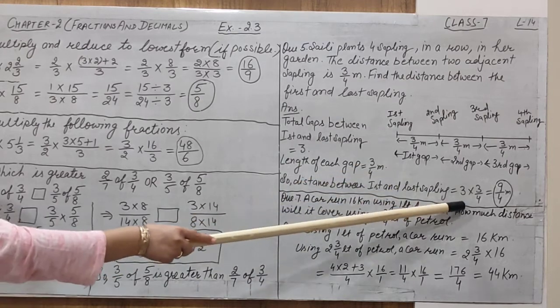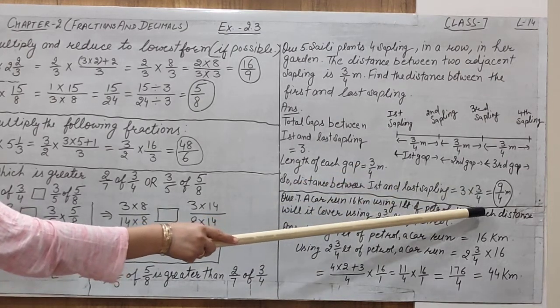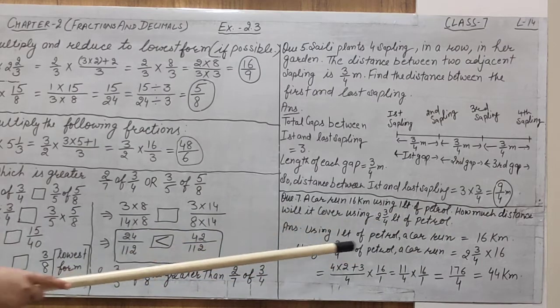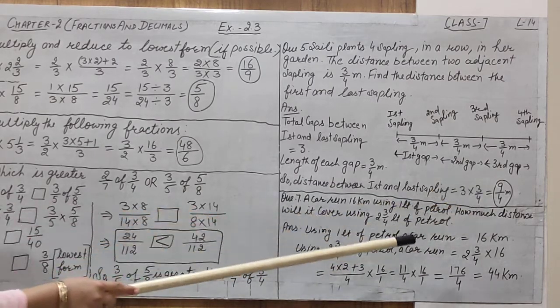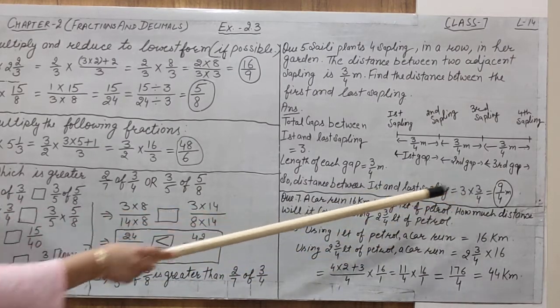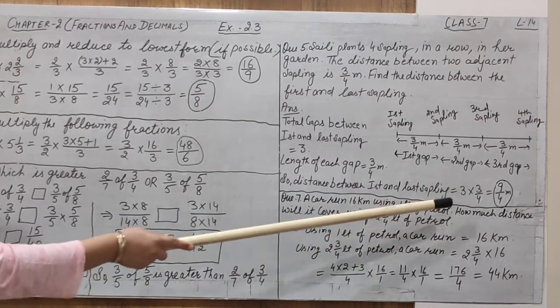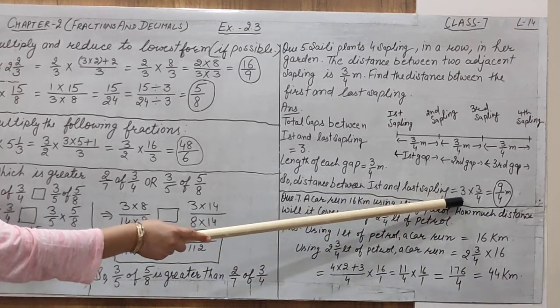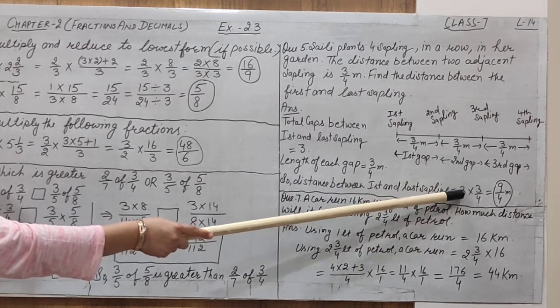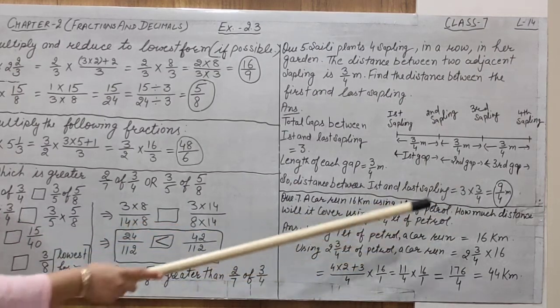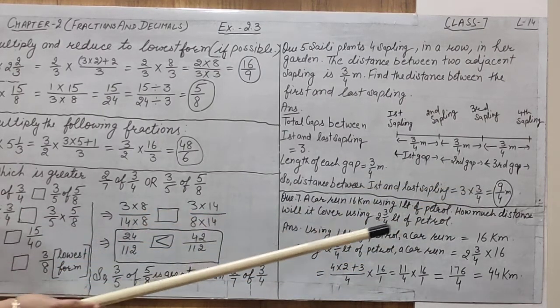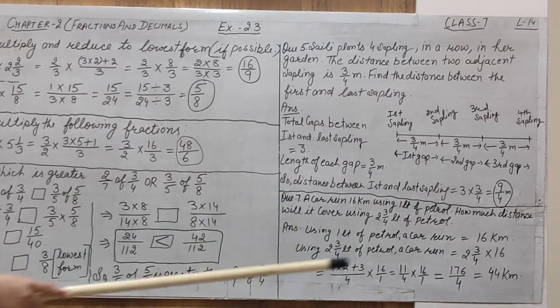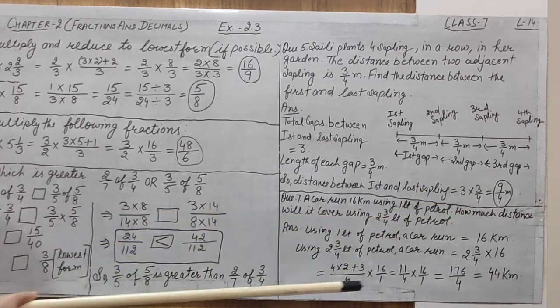So we get 3 multiplied by 3 by 4. When a whole number is multiplied with a fractional number, only the numerators are multiplied, because the whole number can be written as a fraction with the help of 3 divided by 1. So 3 is multiplied with only the numerator and gives us 9 by 4 meters.